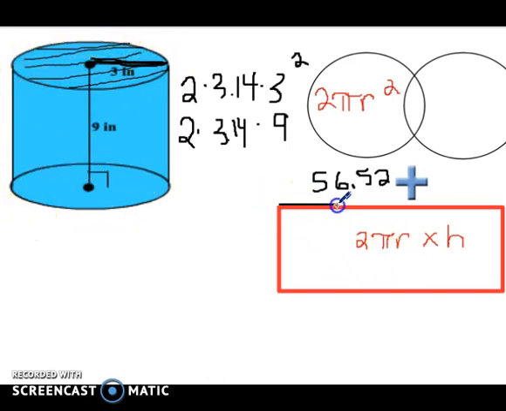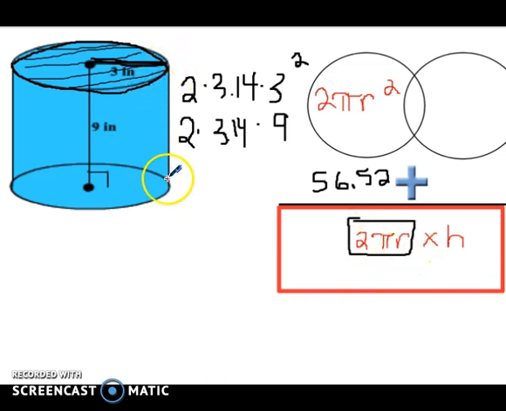So that means that the top of my rectangle is also the circumference of my circle. And this is the formula for the circumference of a circle: 2 times pi times the radius. And then of course we have to multiply it times how high it is to get the length. Basically what we're finding is the length and width of our rectangle.